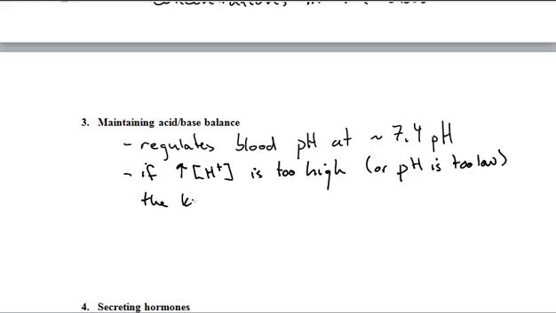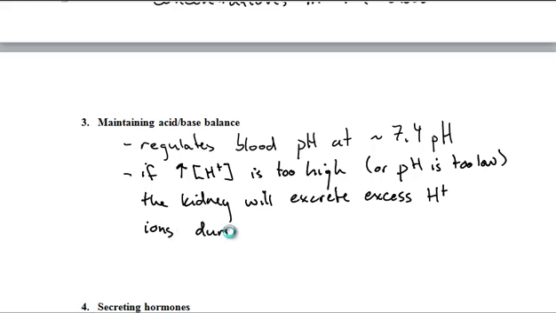The kidneys will excrete excess H+ ions during what's known as tubular excretion, and we'll talk about that in lesson 2.